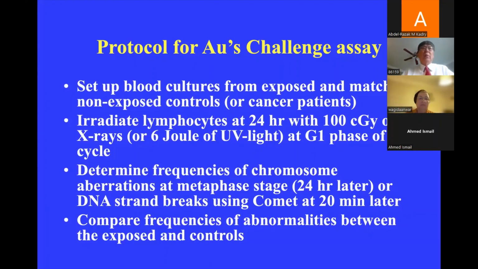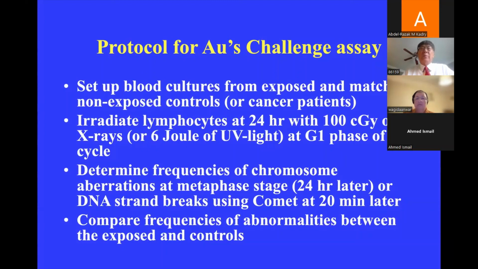After the irradiation with X-ray or UV light or with chemical, we determine the frequency of chromosome abnormality at the metaphase stage, as most of you know, by harvesting the cell 24 hours after the irradiation.